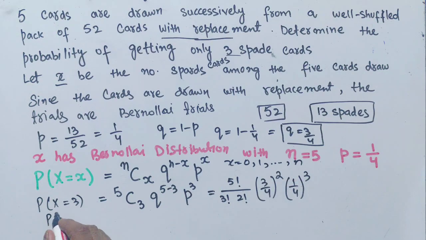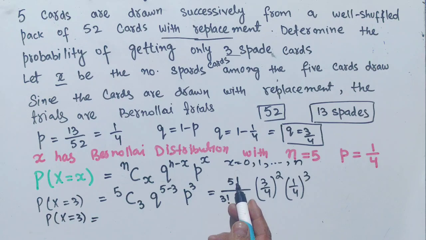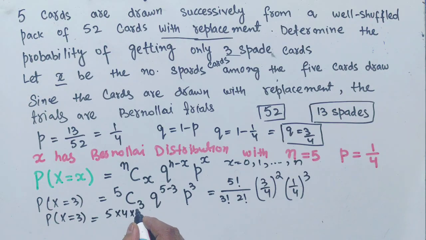So probability of getting 3 spades will be equal to 5 into 4 into factorial 3, divided by 3 factorial and times 2 factorial.